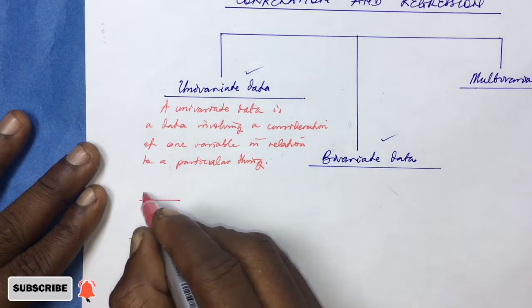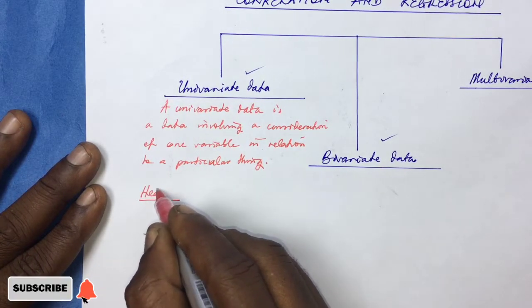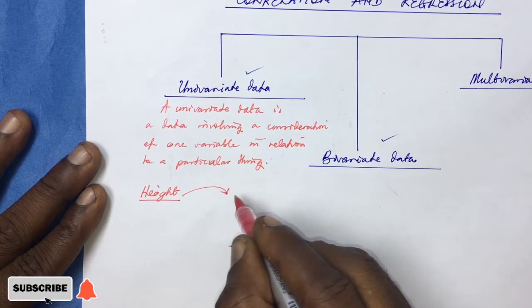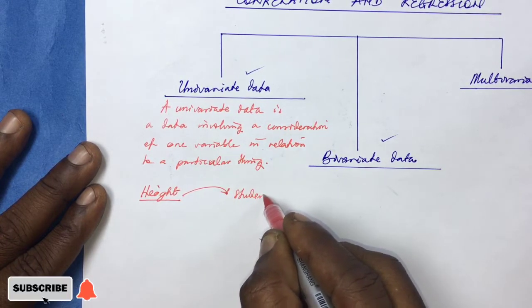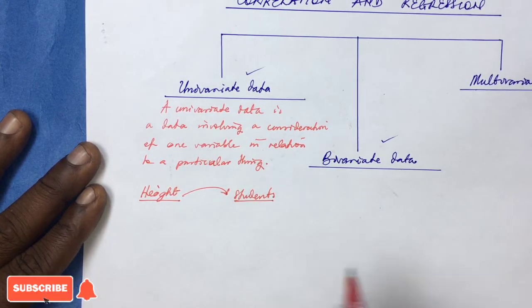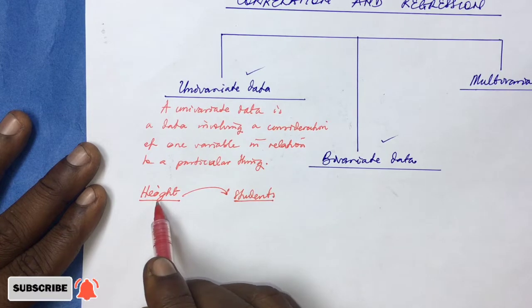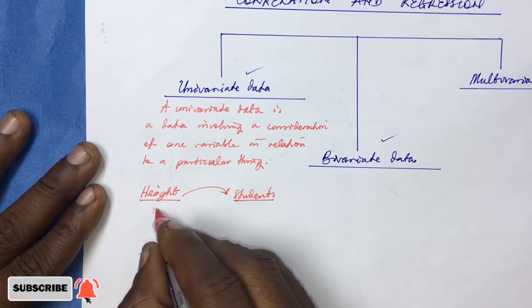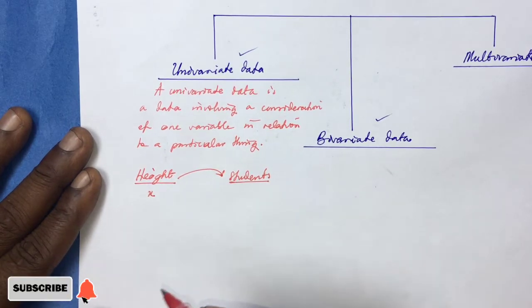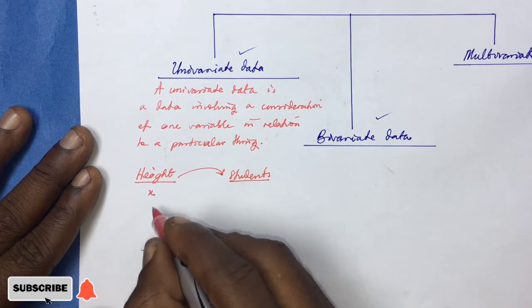If you want to consider a variable like height in relation to one group of objects, students in this case, the data you obtain, let's assume that there are n students in that class, or let's be very specific, let's assume that there are 5 students in that class.